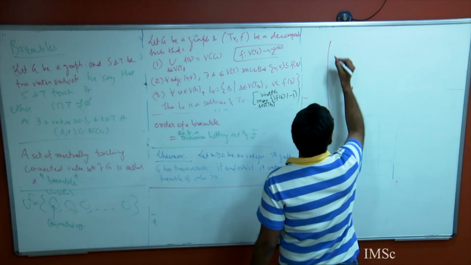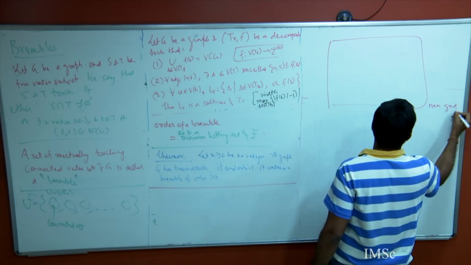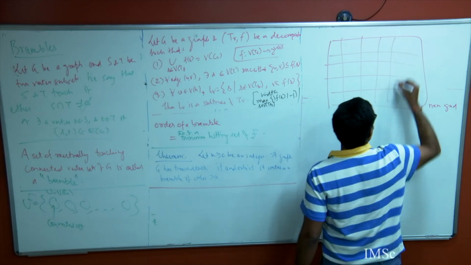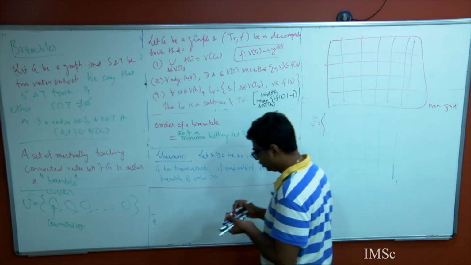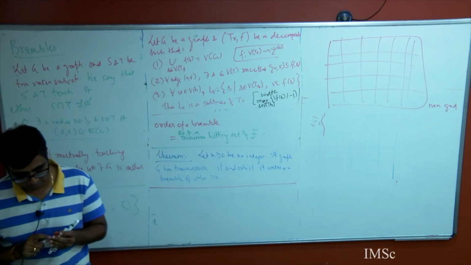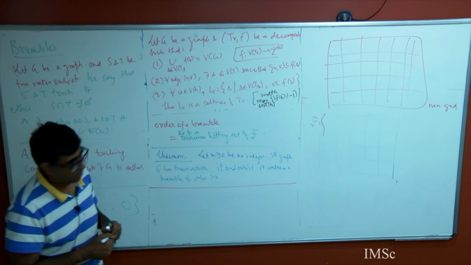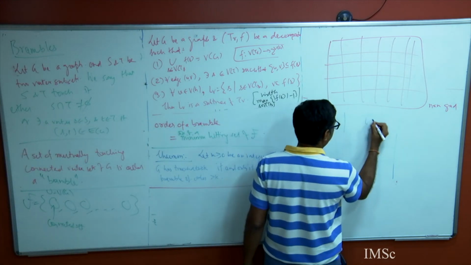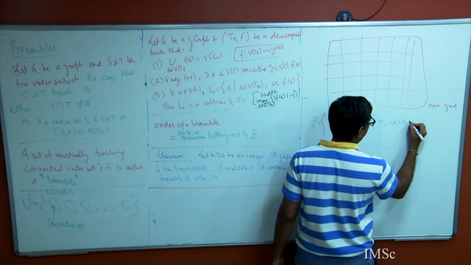So I have an n times n grid. Here is my F. What is going to be my F? My F is going to be C_ij, with i between 1 to n, j between 1 to n.